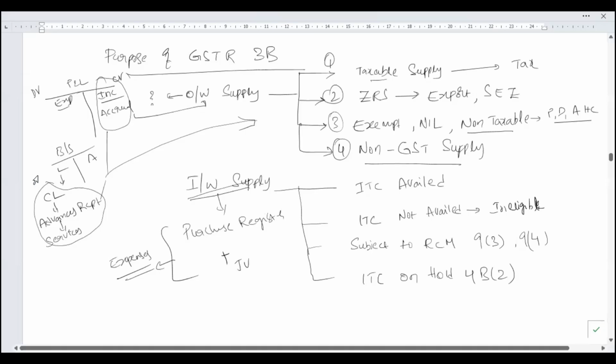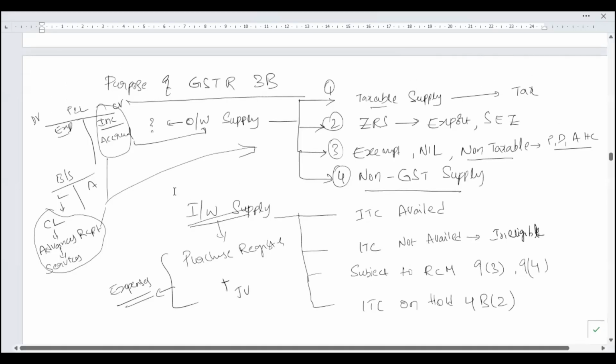the way the returns are designed in India, honestly, they have kept in mind the voluminous transactions and the compliance level of the business people in India. They felt that not 100% they are going to be accurate and truthful when they file their returns.